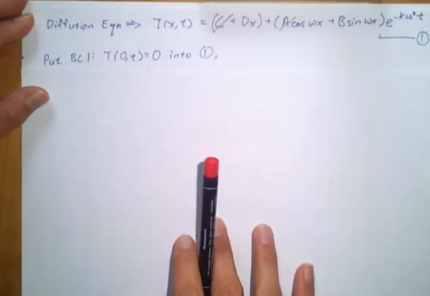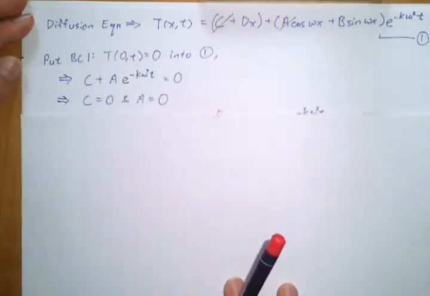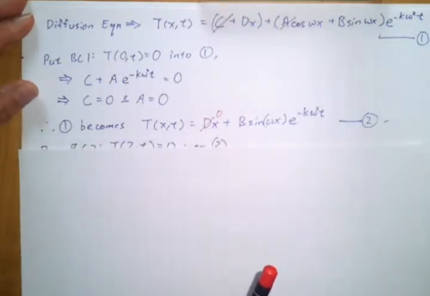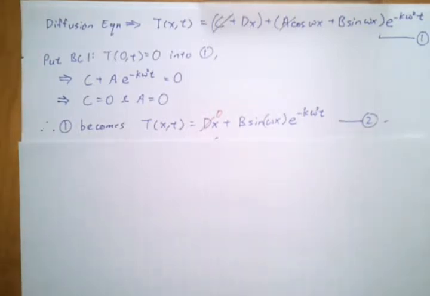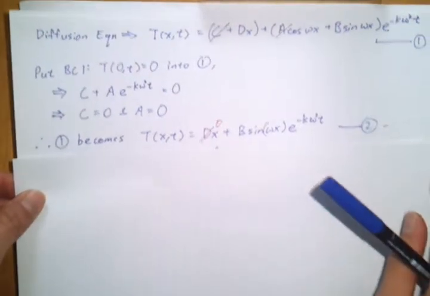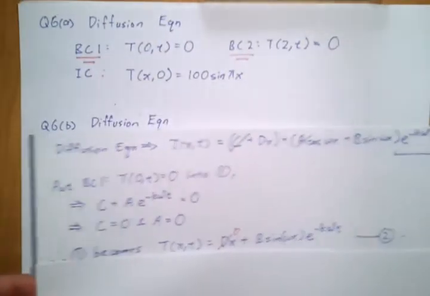So when you put in the first boundary condition, which is the same for 6a and 6b, you'll still end up with this. For question 6b, after you put in boundary condition 1, you still have the same equation 2.